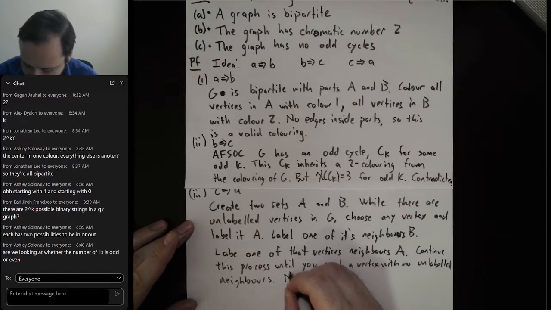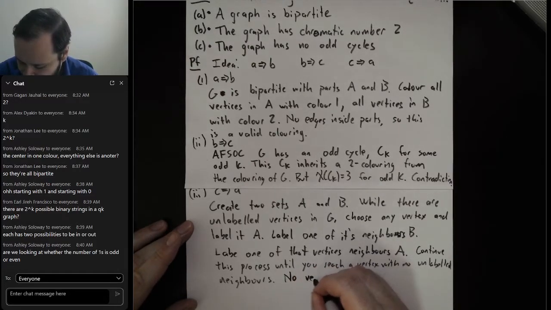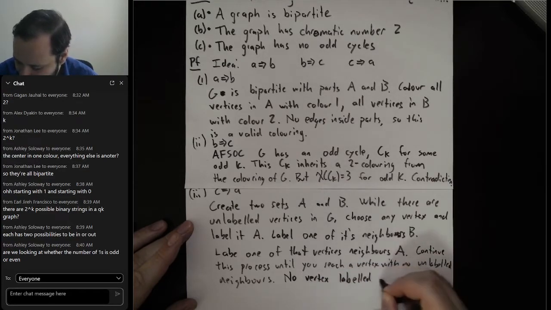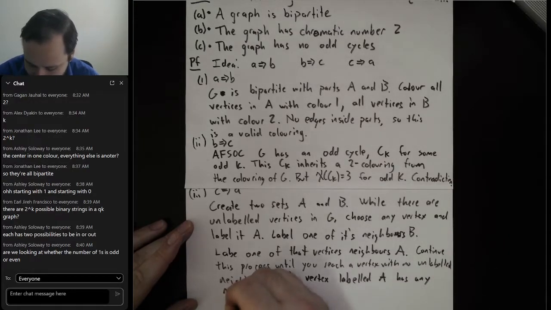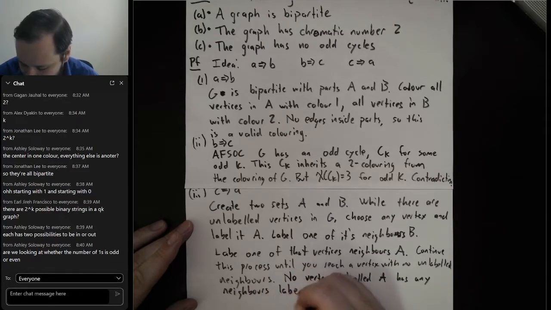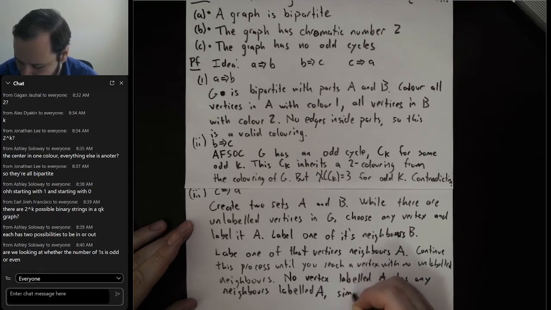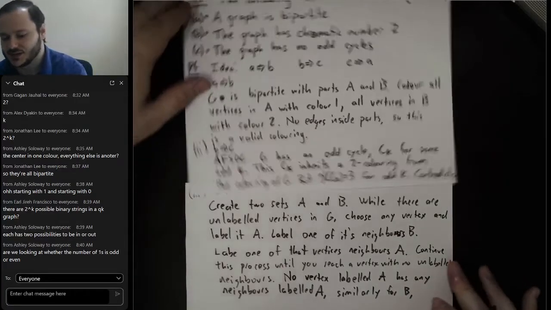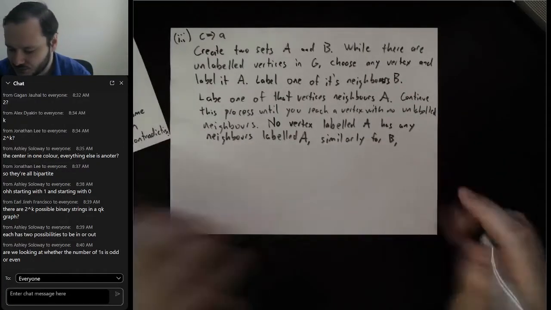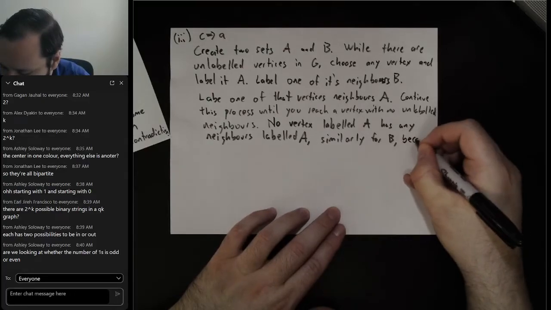So no vertex labeled A has any neighbors labeled A. Similarly for B. And that's because G has no odd cycles.